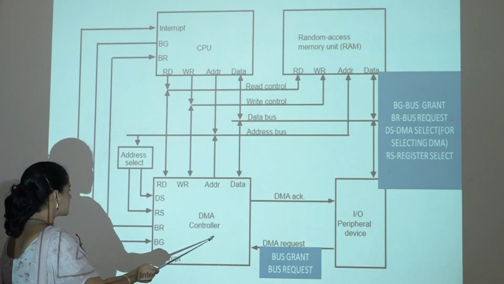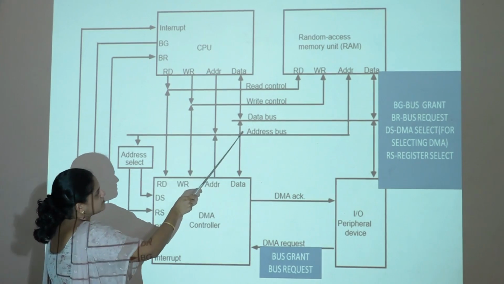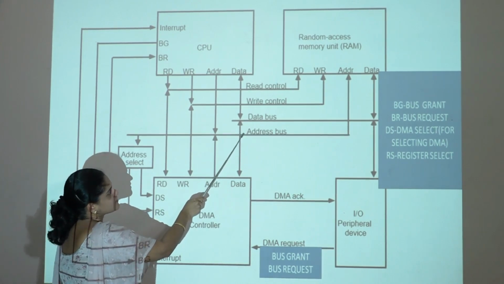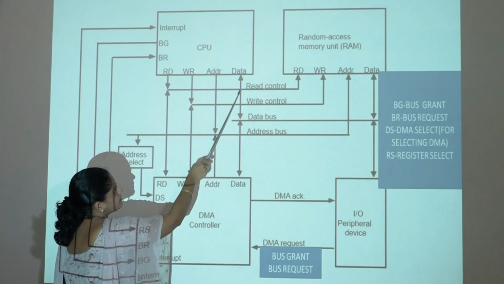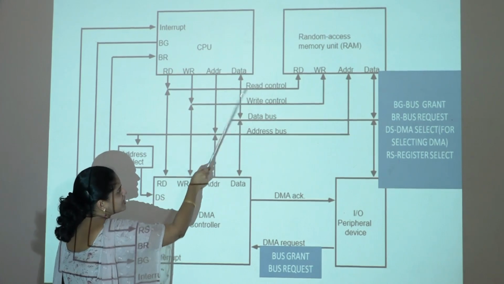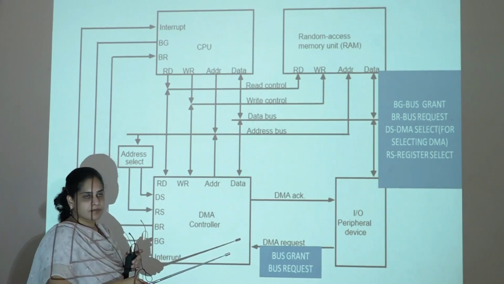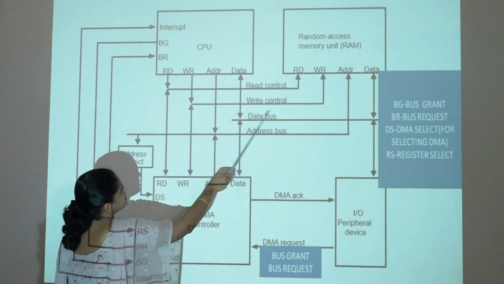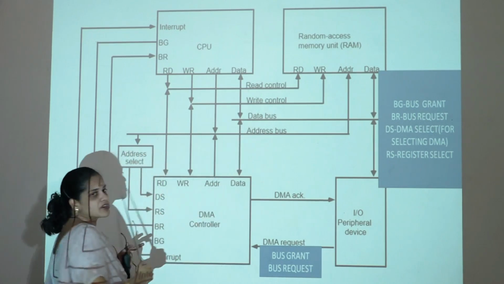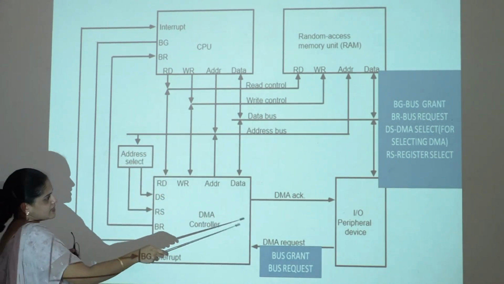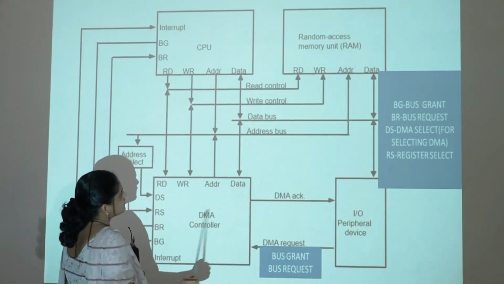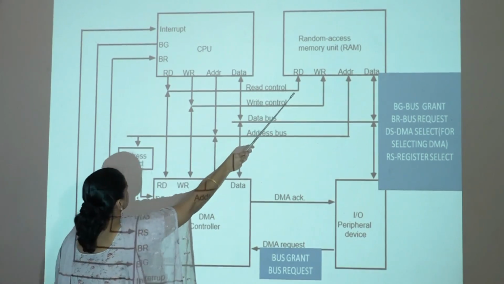So in that case, it places the address of the memory onto the address bus and data onto the data bus, and it enables the read or write depending upon the operation that the peripheral device wants to perform, and using this the information will be transferred from the IO device through the DMA to the memory unit of the computer.